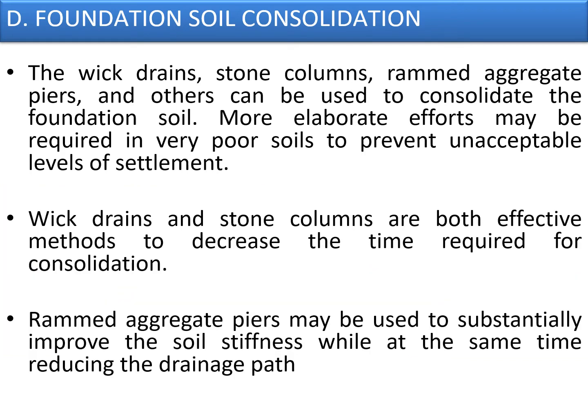Wick drains and stone columns are both effective methods to decrease the time required for the consolidation. Rammed aggregate piers may be used to substantially improve the soil stiffness while at the same time reducing the drainage path.